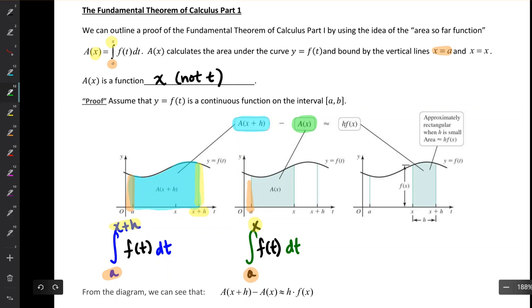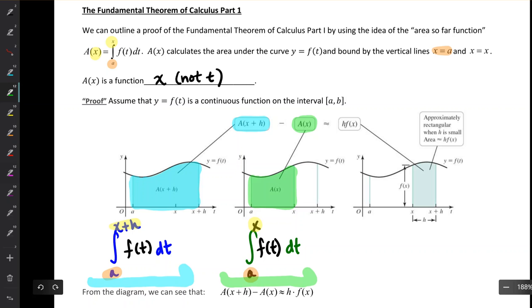I think I'm going to erase these orange and yellow lines. They're a little distracting. Green area. Here's our blue area. Here's our green area.